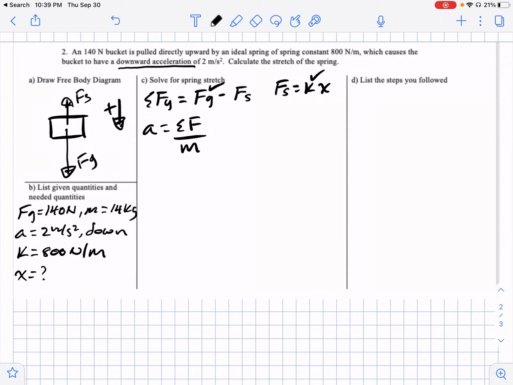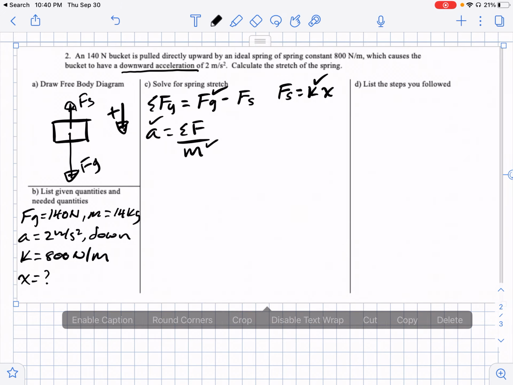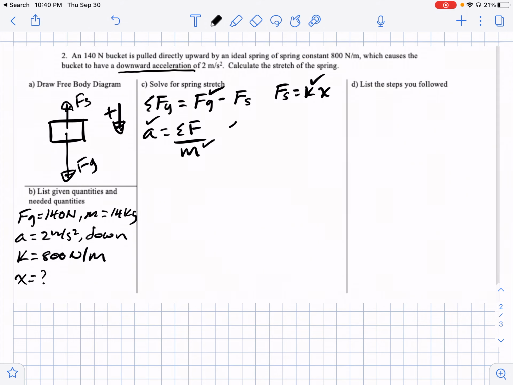And so we can rearrange this equation for the net force, because the problem gave me the acceleration and it gave me the mass. So if we rewrote this, the net force is equal to the mass times acceleration.